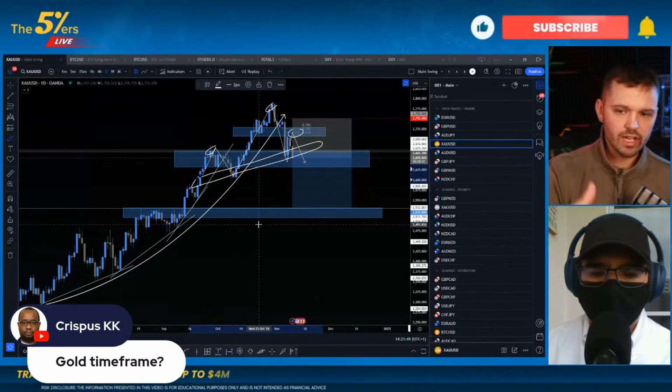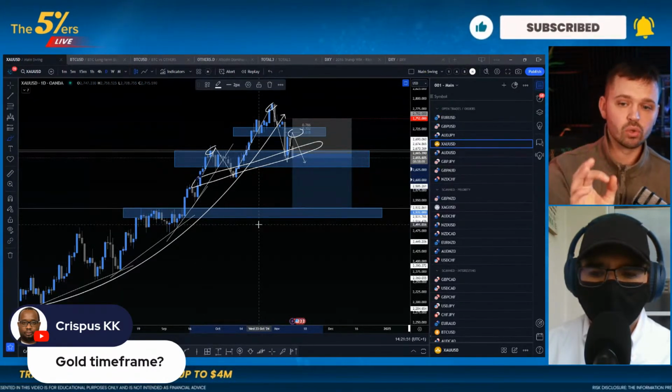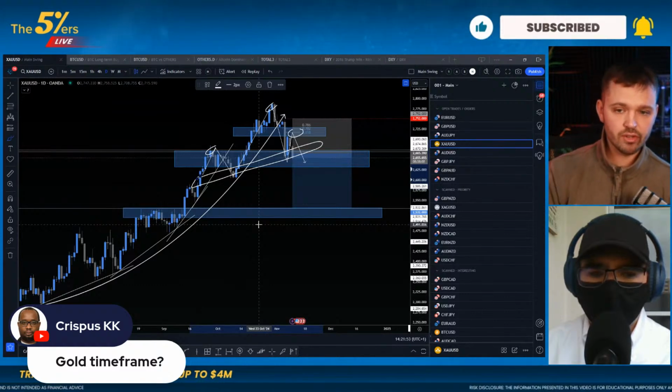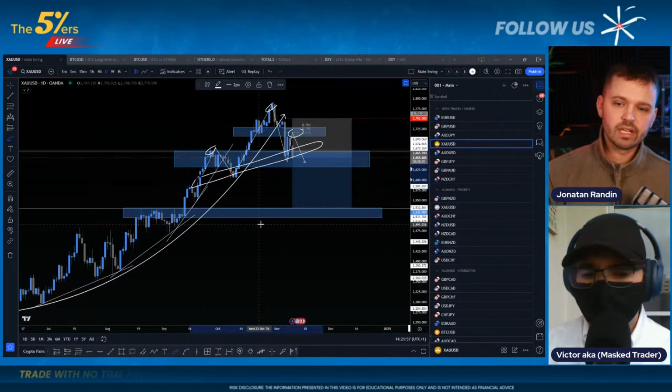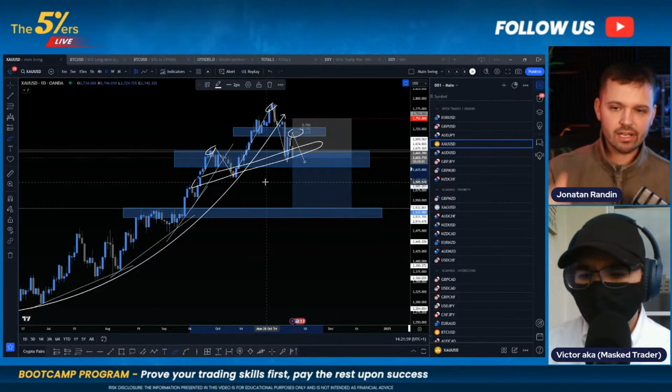And that's also a valid way of looking at a head and shoulders. Of course, it's not the picture perfect head and shoulders that you're going to see in your textbook, but it's still the exact same thing that a head and shoulders shows.